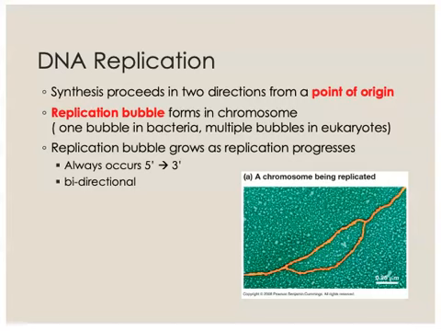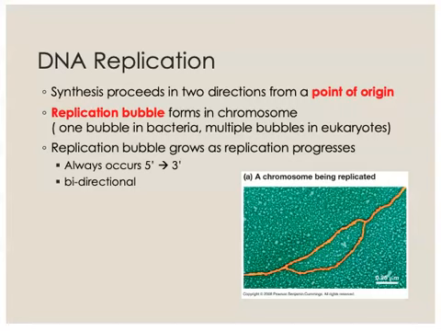Now, this replication bubble, when it first forms, is quite small, but as DNA replication proceeds, that bubble gets bigger and bigger and bigger. It opens up in both directions. DNA synthesis, remember, can only be done in the 5' to 3' direction.